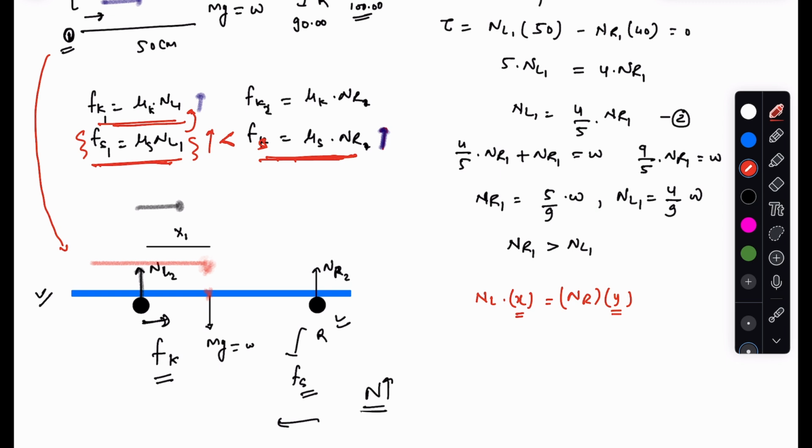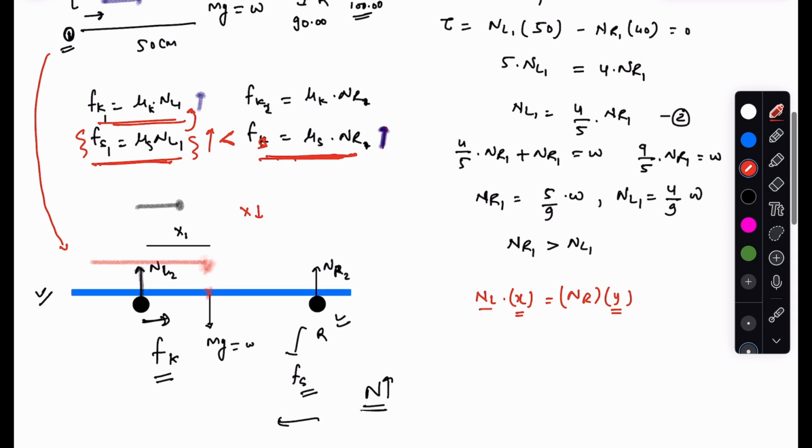So what is happening: x we are gradually decreasing. Okay, so NR1 is something constant. Then x is decreasing, so NL1 must increase, it will increase.